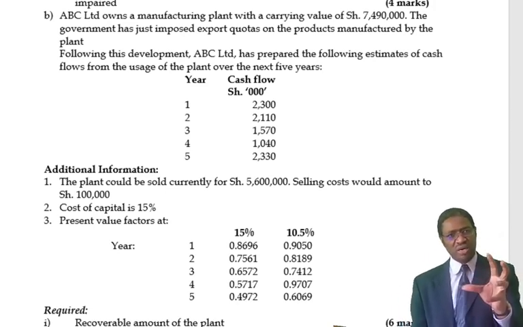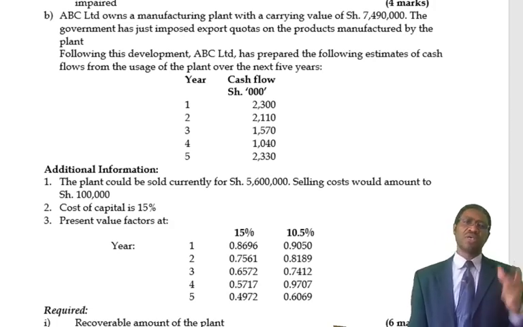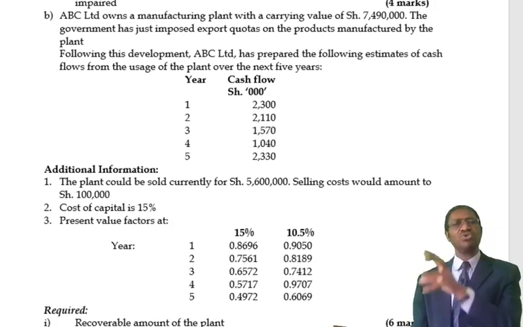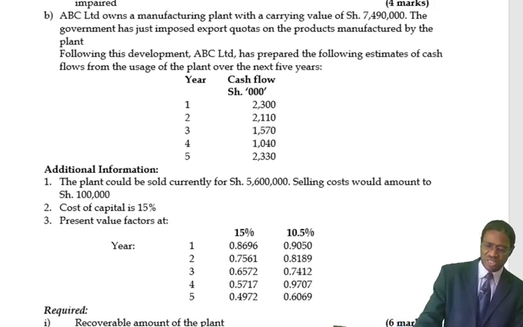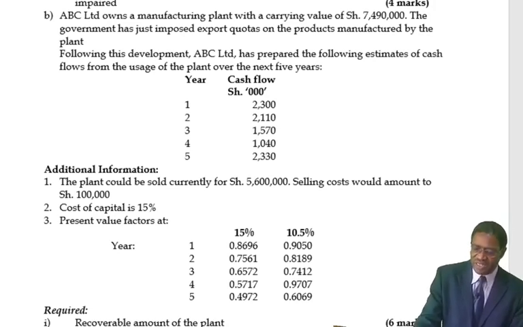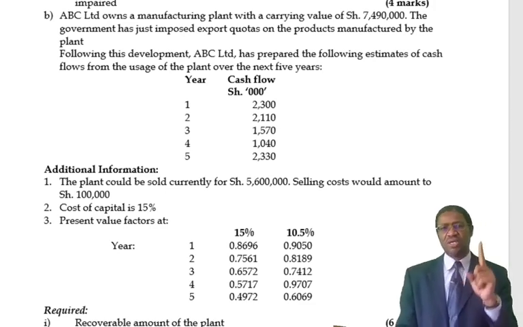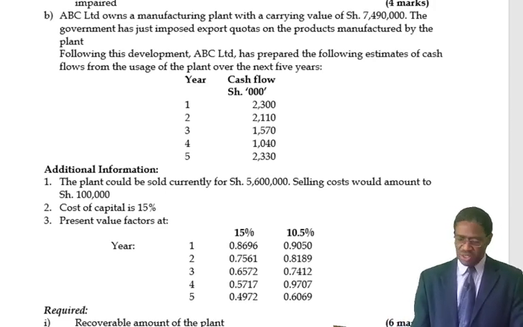So write down somewhere, this is how you could put it. Comparing the carrying amount of the plant, shillings 7,490,000, with its recoverable amount, shillings 6,380,299, the plant has suffered an impairment loss of the following amount.